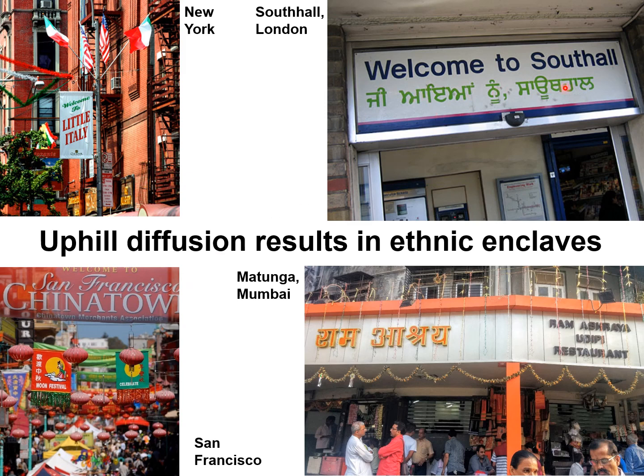Note the Gurmukhi script here. In the area of Matunga in Mumbai, there's a high proportion of people who originated from the south of India, and there is a preponderance of Udupi restaurants in Matunga.